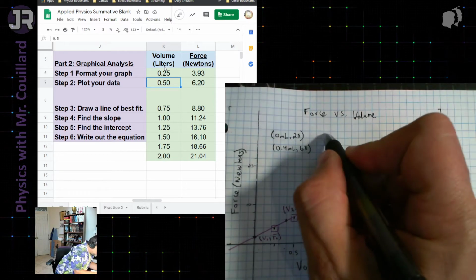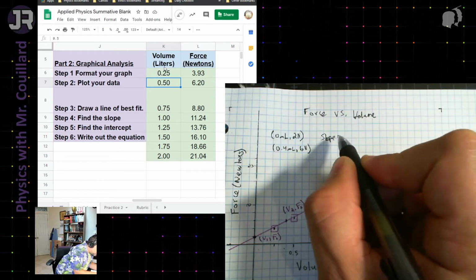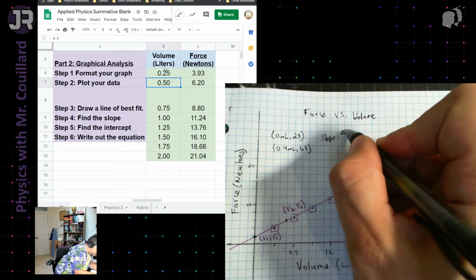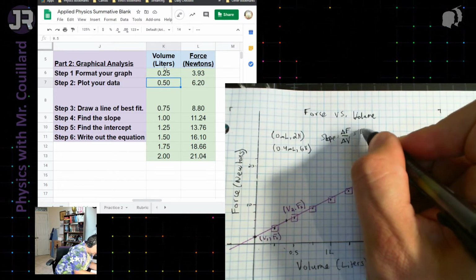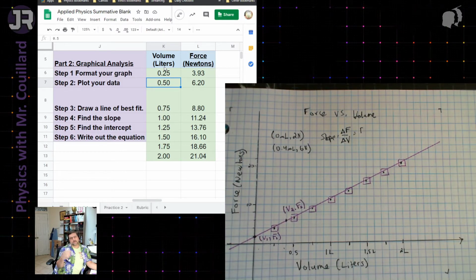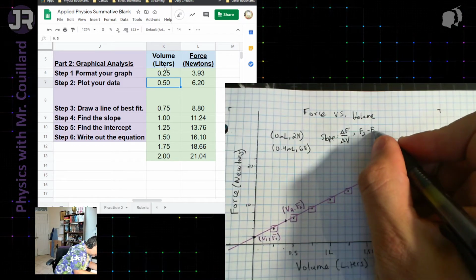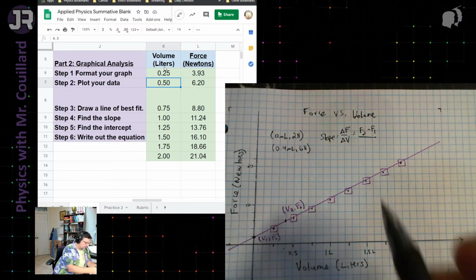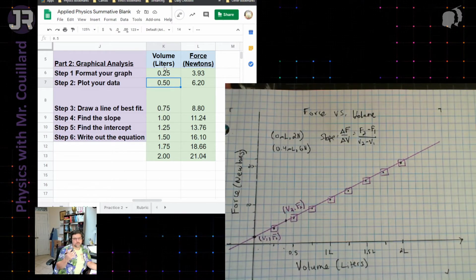So our slope is going to be the change in the vertical over the change in the horizontal. So it's going to be the delta F, change in F over change in V. And if it's a change, we're always going to subtract the first from the second. So we're going to do F2 minus F1 divided by V2 minus V1, just like if you were doing this with x's and y's.